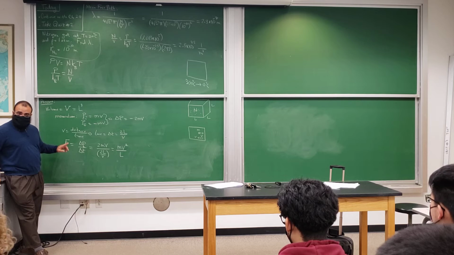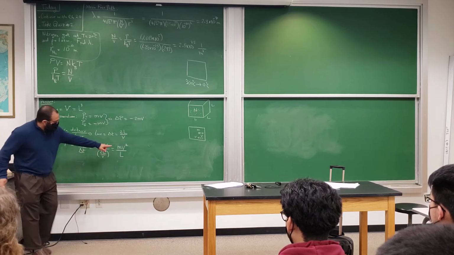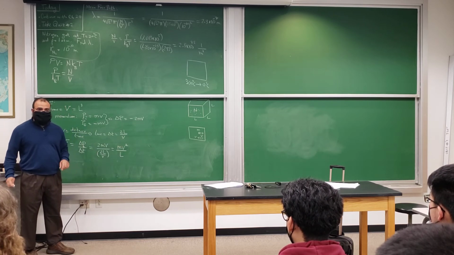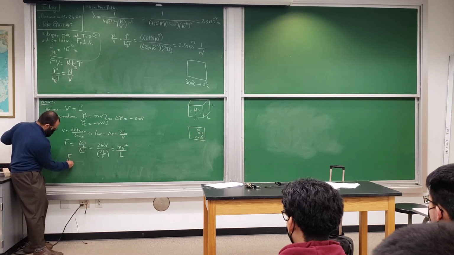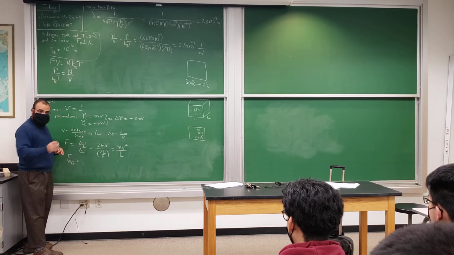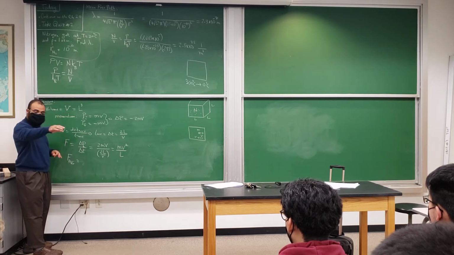Okay, so 1/3 of them are moving this way, and are all of them moving at this speed? No. So to get the average force, this is for the N over 3 molecules, the 1/3 of the molecules that are moving this way.